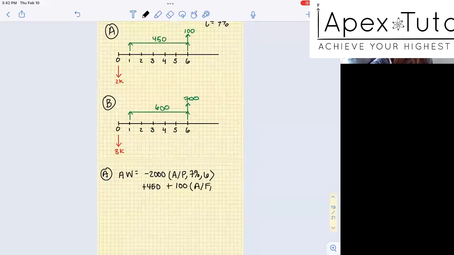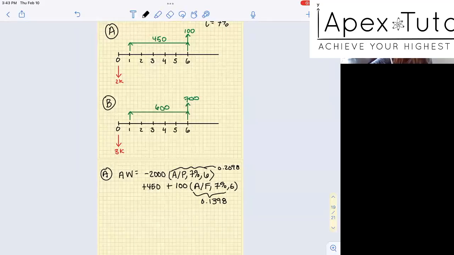A, given that we already have F, we want A, we have F, 7%, 6. So when you look up A given P, 7%, 6, what do you get? Make sure you're on the right page. Go to page with 7%, column A over P, row 6. 0.2098. Yes. All right, and how about A over F? 0.1398. Yes.